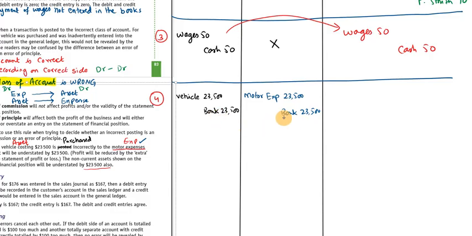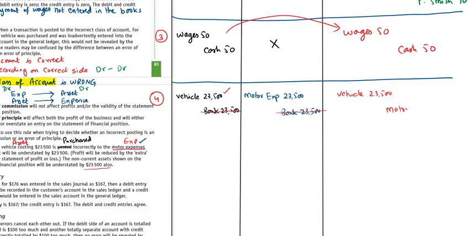So there is no error in the recording of bank, and we will eliminate it. The rectifying entry: we have to debit the vehicle amount by 23,500, and we wrongly debited the motor expense. By eliminating this effect, we will credit it.